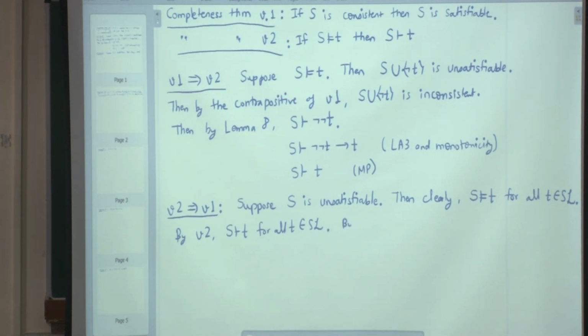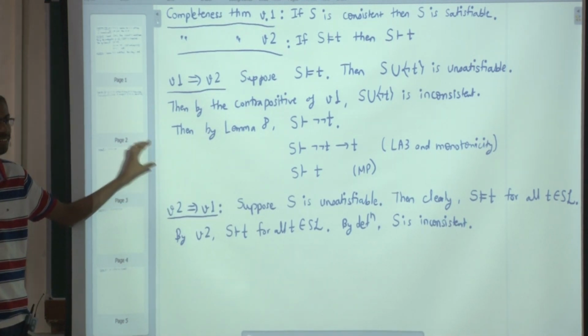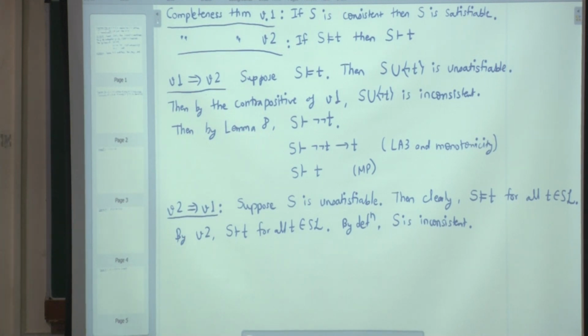By definition, S is inconsistent. Very good. See, the length of the proof is very small. You just have to think in the right direction. There isn't much happening here.